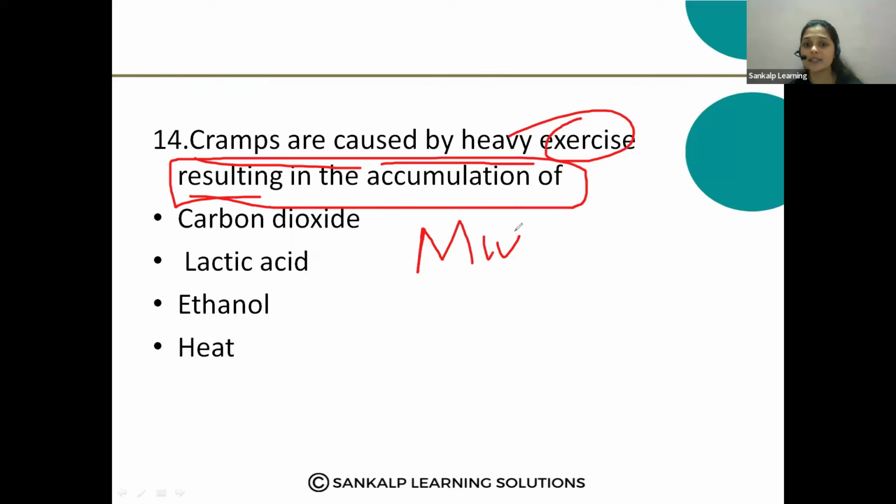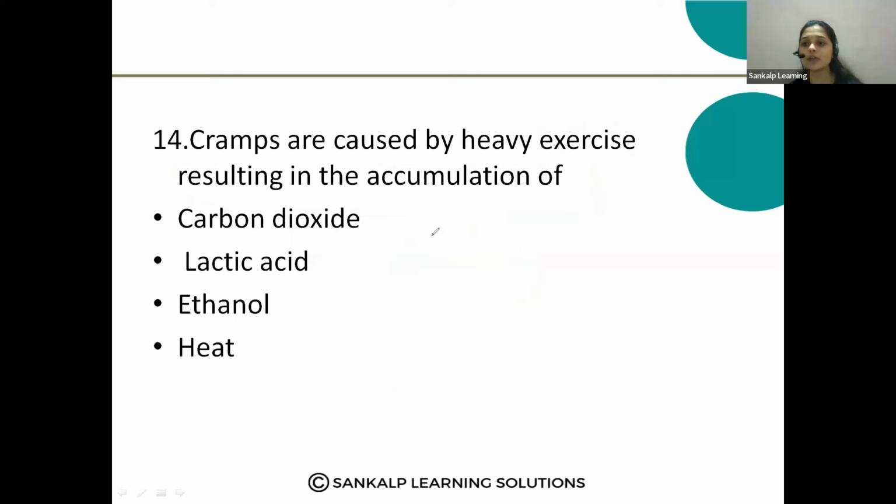These muscle cells perform anaerobic respiration, and during anaerobic respiration in the muscle cells they produce a product. What is it called? Mainly which product? Lactic acid. Yes, very good. This lactic acid is responsible for the cramps.